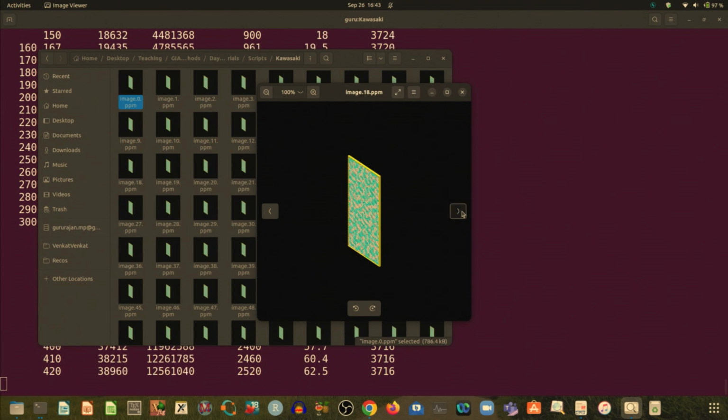I mean, of course, it is phase separating, but this imaging is really not very nice. Yeah, this is the default output. You can save it as a ppm file, but yeah, it's not great.